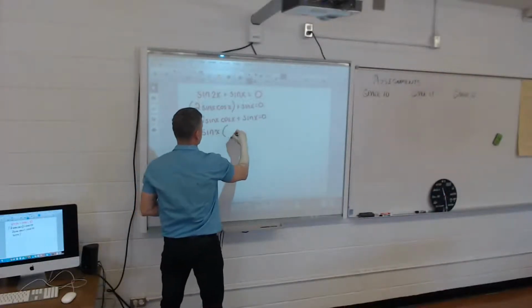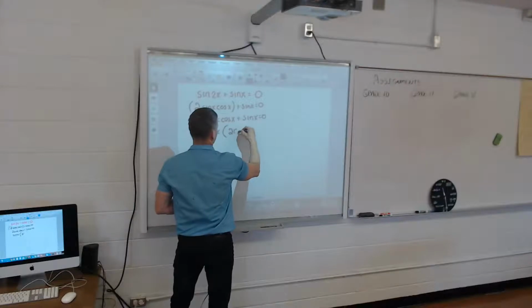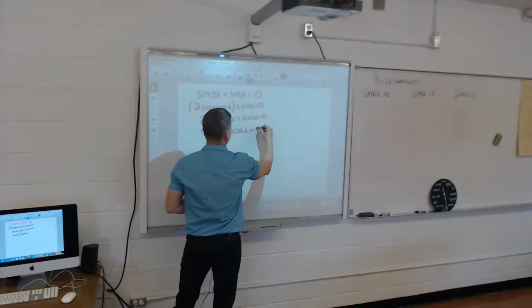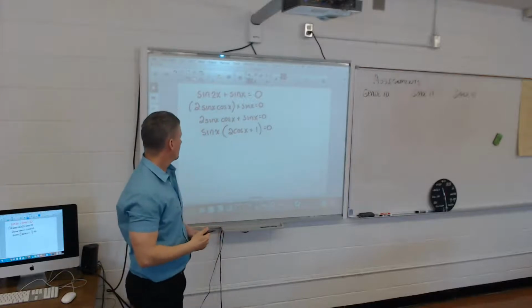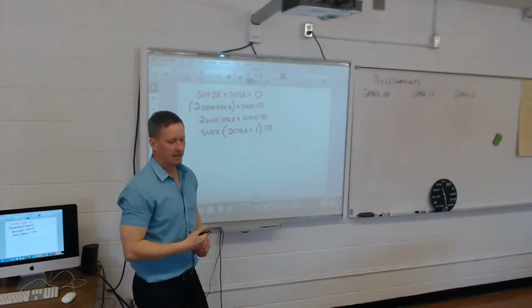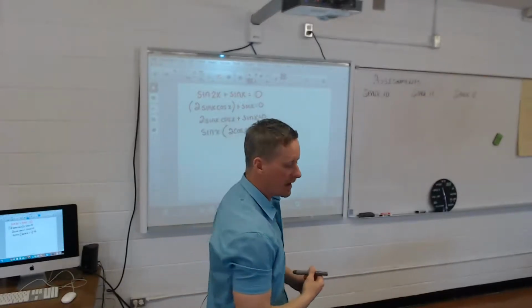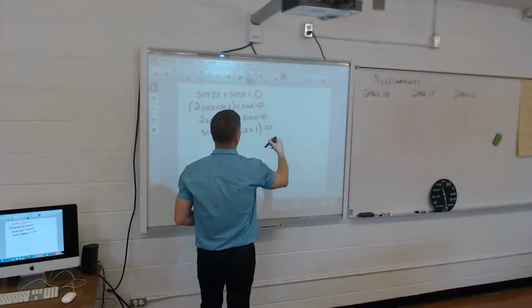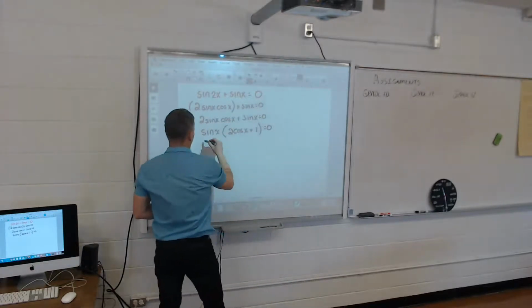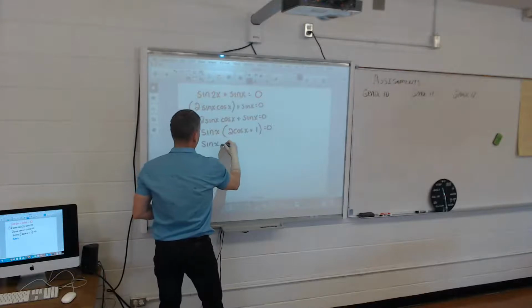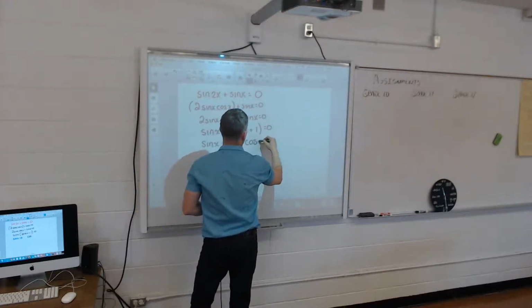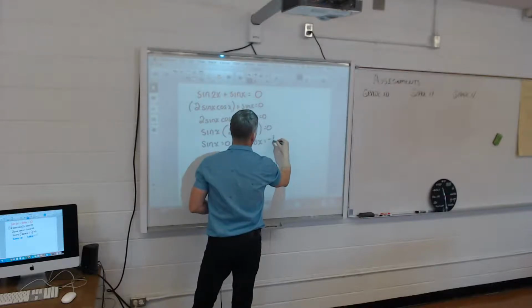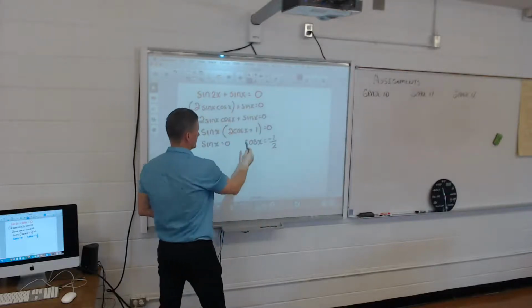So I get sine x times 2 cos x plus 1 equals 0. So I factor my sine x out. So now I have sine x equals 0 and cos x equals negative 1/2.